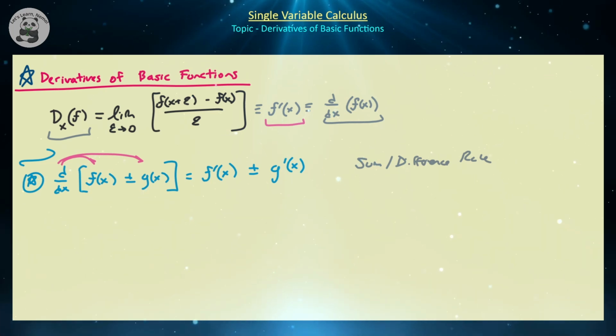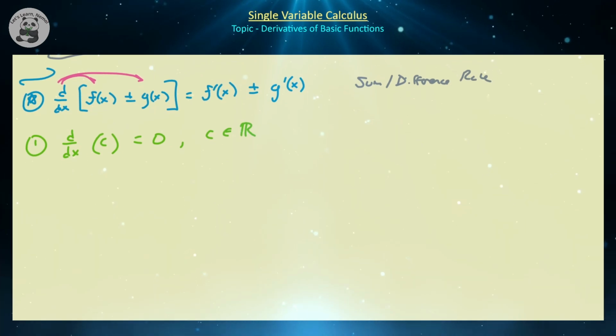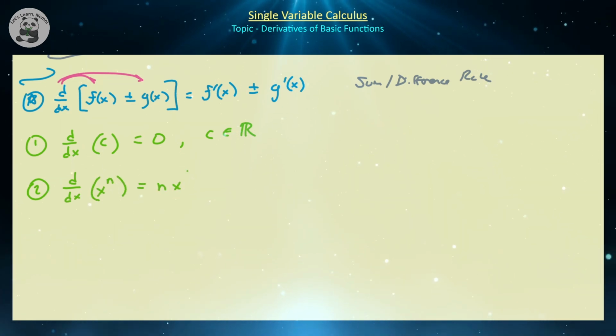Now, in terms of particular rules for particular functions, we discussed two main rules. In particular, one, the derivative of constant functions is equal to 0, provided that c is a real number, and of course you can extend that to the set of complex numbers if you want to. And two, the derivative of a monomial is going to be equal to a monomial of a degree 1 less than it was.